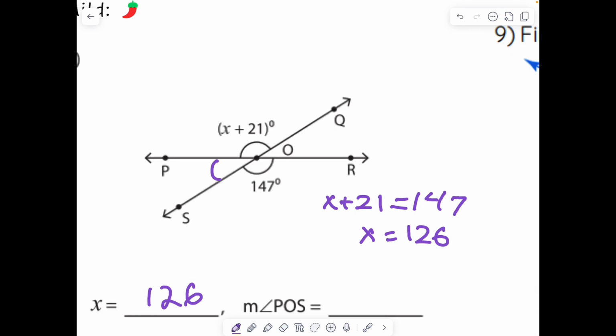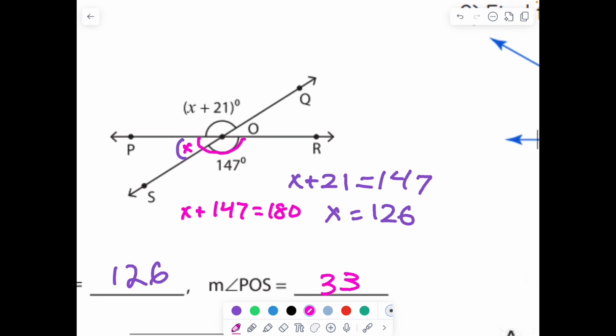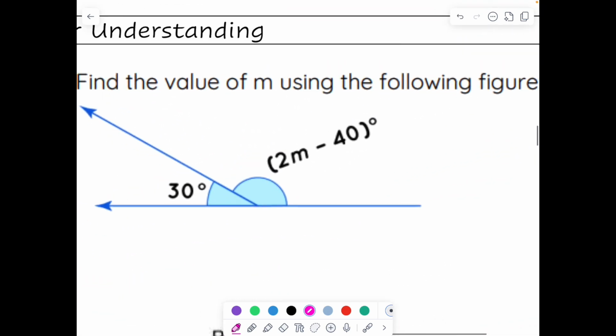Then these two angles, the 147 and POS, make 180. So x plus 147 should be 180. So that is 33. These two angles are supplementary.